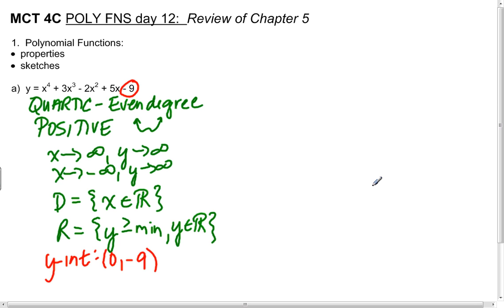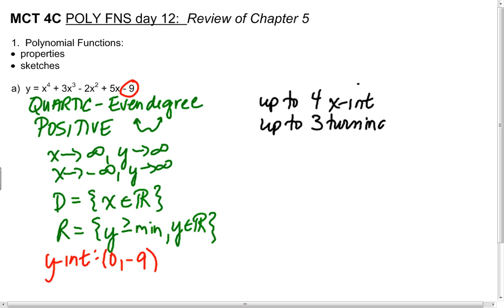Because it is a quartic, I know that I can have up to 4 x-intercepts, depending on their degree, on their power. It tells me whether it goes through or bounces, and I don't know that in this form. But I know that there can be up to 3 turning points where it changes direction. So that's all from page 85.